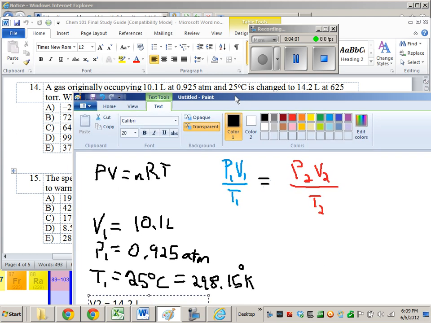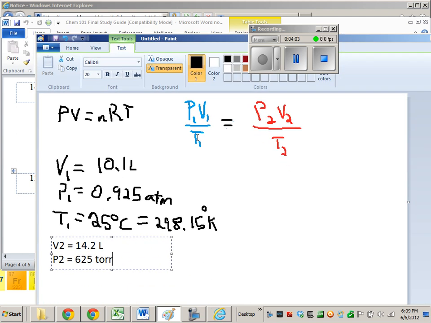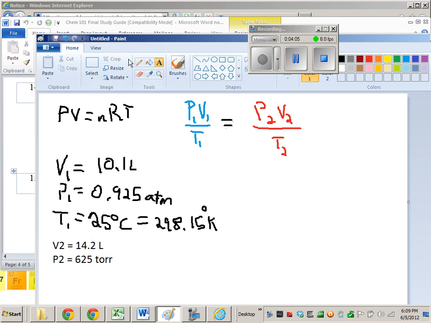So I'm going to be solving for a final temperature. It's pretty clear to me that I'm not going to be using the ideal gas law because they don't give us moles, but I'm going to be using the combined gas law because they give us a lot of information here, and we're actually solving for a final temperature.